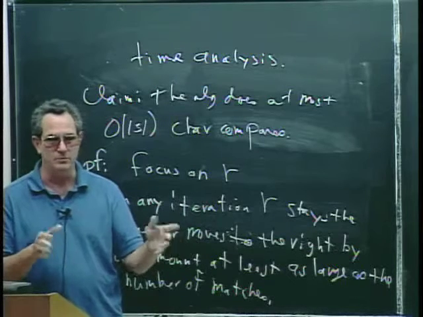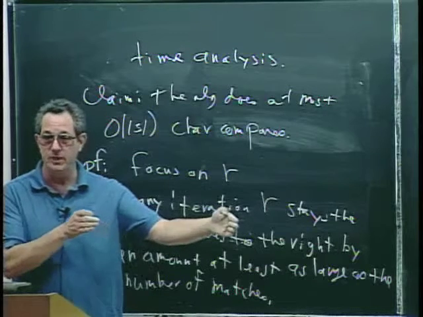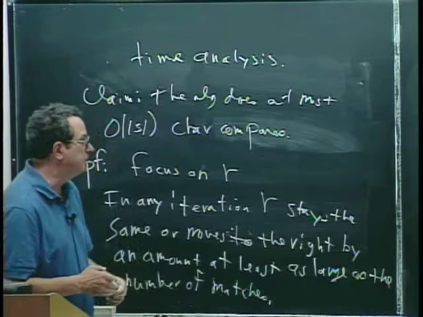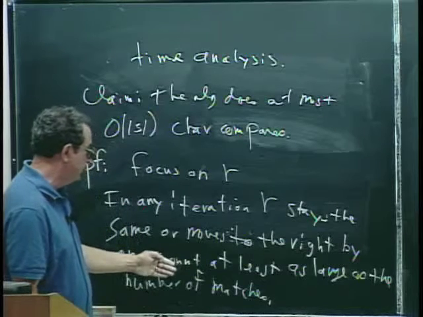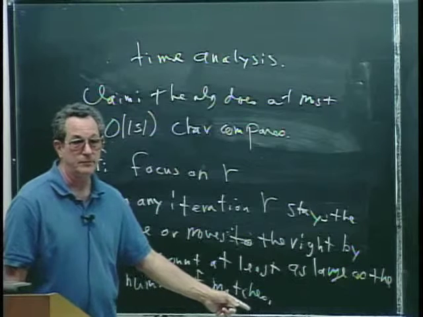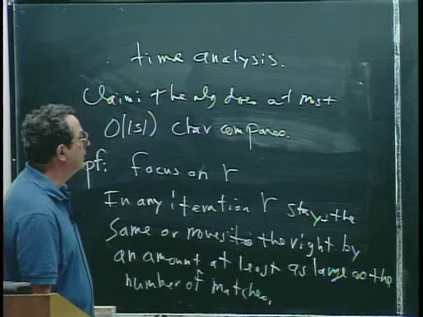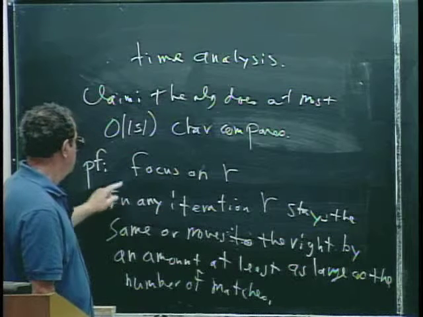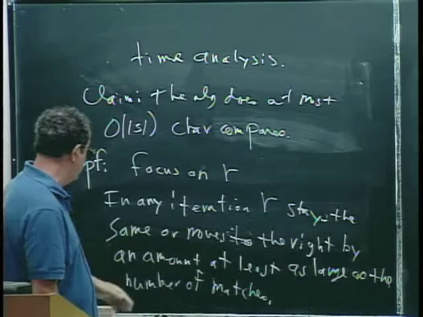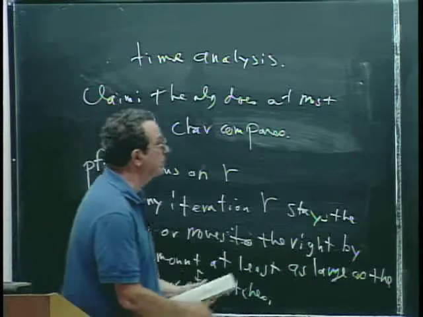Or minus 1, whatever. But the point is then R will move at least 5 positions to the right. And in the case 2C, R moves exactly to the right by exactly the number of matches. Okay? Not comparisons, matches. All right. So in any iteration, R either stays the same or moves to the right by an amount at least as large as the number of matches.